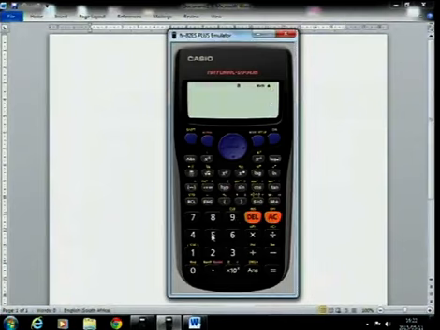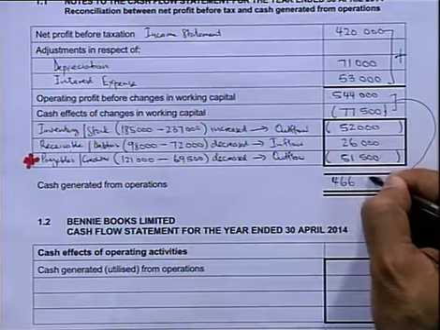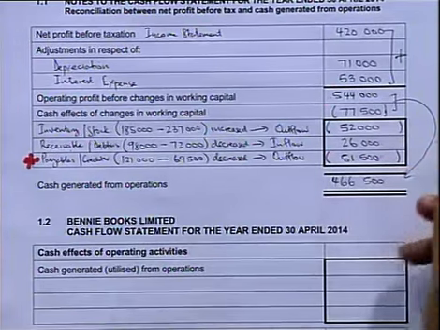So it's 544,000 minus 77,500. That will give me 466,500.